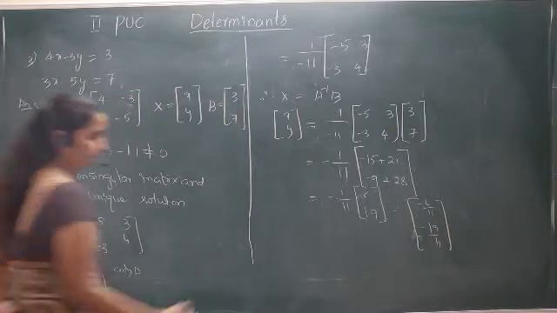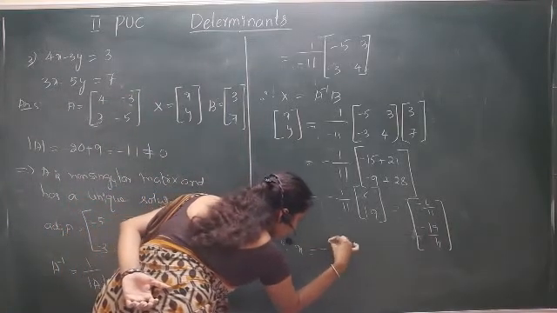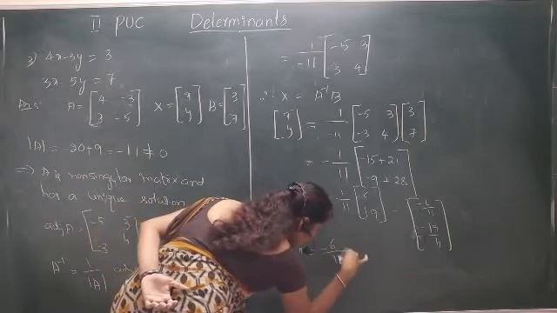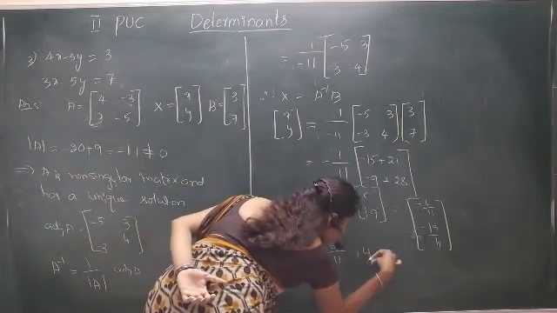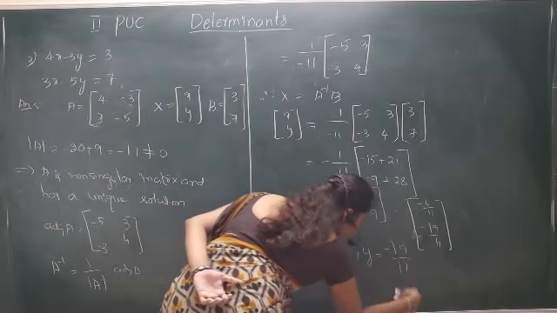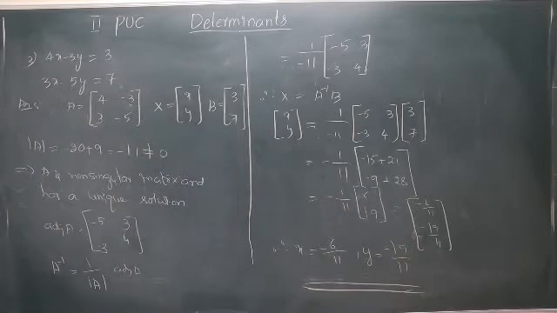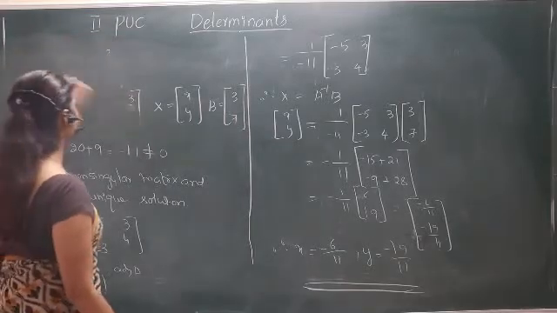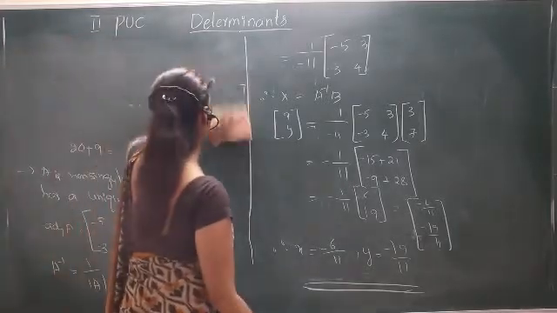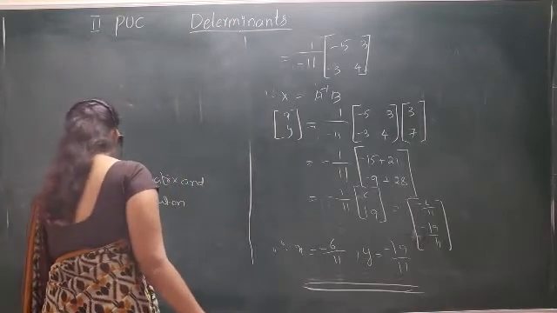Therefore, x is equal to minus 6 by 11. y is equal to minus 19 by 11. So this is one more problem of the same kind of 2 by 2. Same kind of problems are there in the exercise as well as the miscellaneous exercise problems.